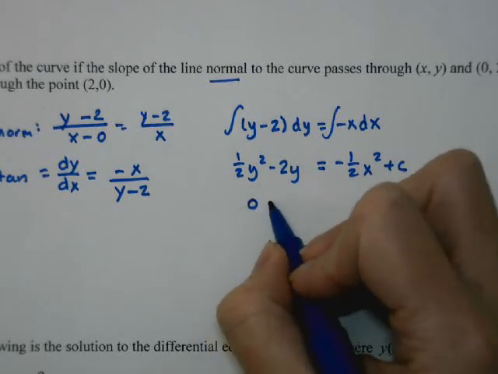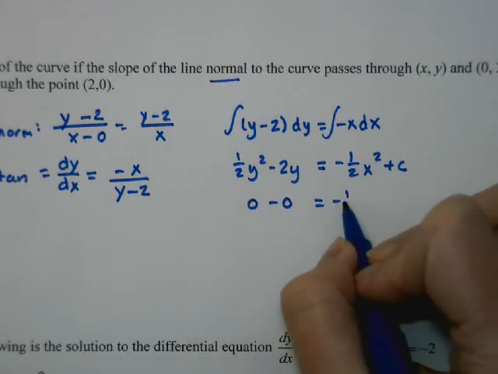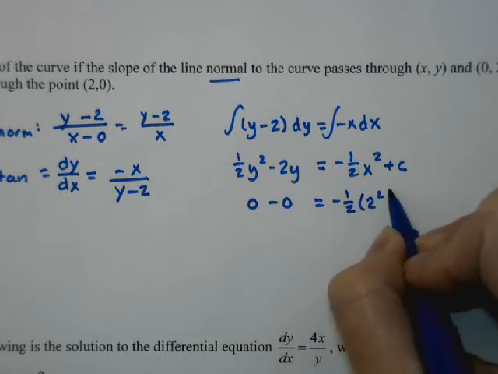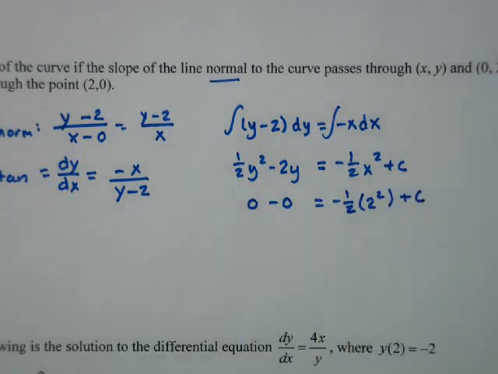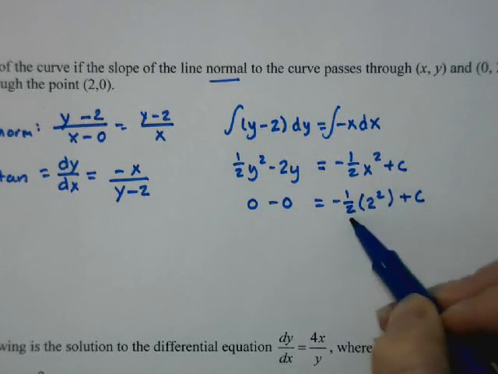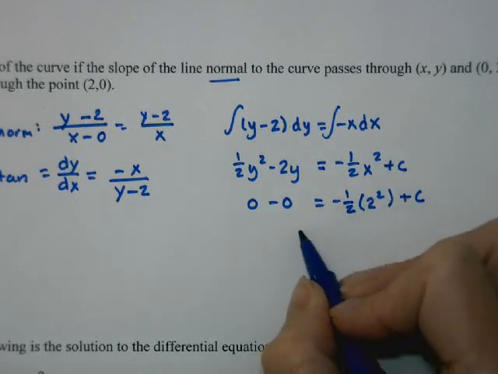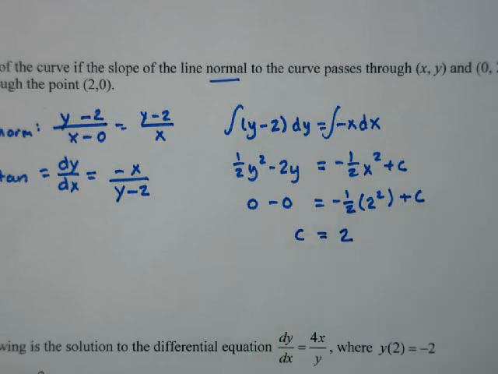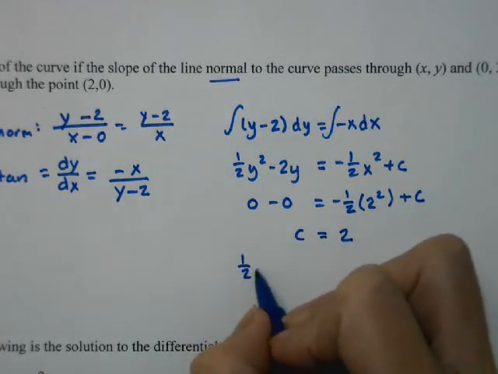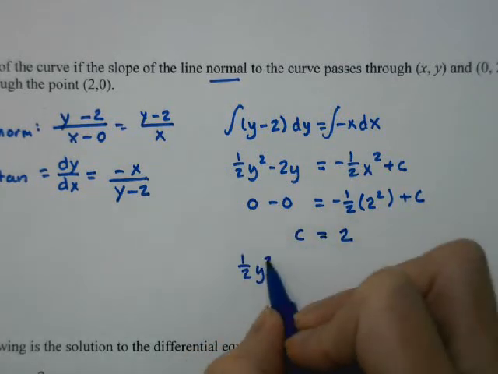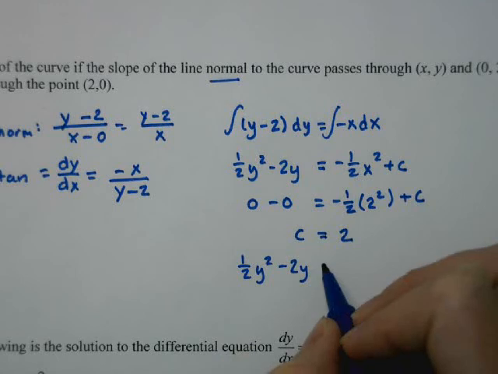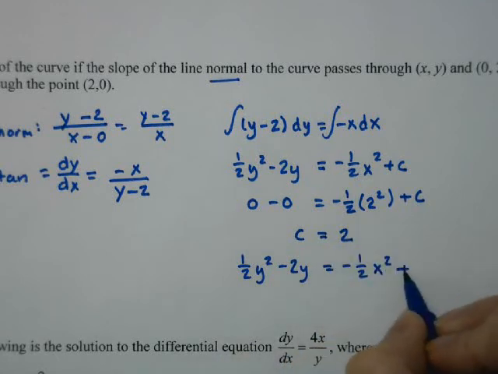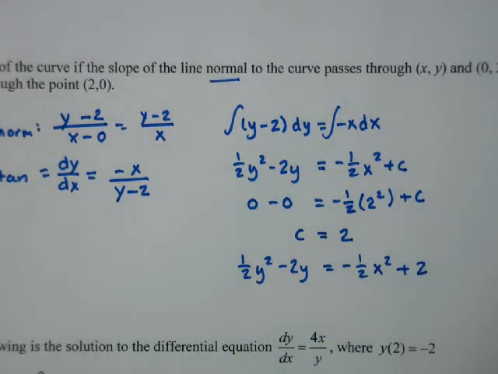So this would be 0 minus 0 equals negative 1/2 times 2 squared plus c. So this would be 4 over 2, a negative 2. So c is going to equal 2. So we're going to have 1/2 y squared minus 2y equals negative 1/2 x squared plus 2.